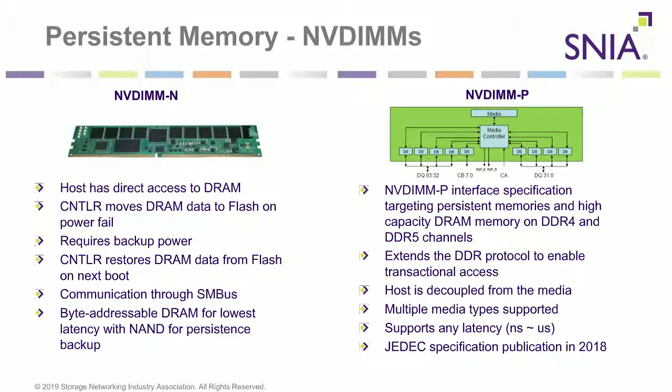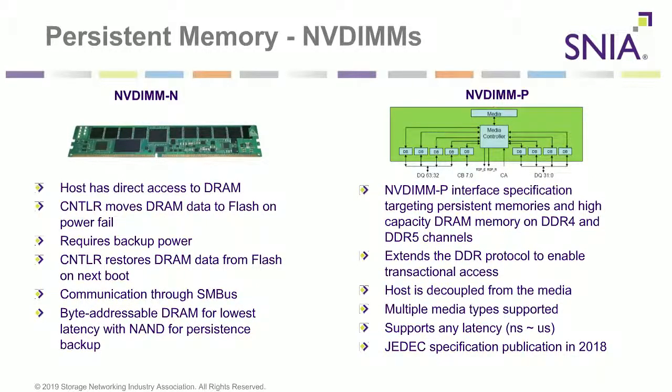And when there is a power failure or a catastrophic event, the data from the DRAM will be moved to the flash on the board, wherein the backup energy is provided by a supercapacitor that is connected to it. So the holdup or backup energy is provided by a supercap that is attached to this NVDIMM-N, and the data from the DRAM gets copied over to the flash, and it is stored there.